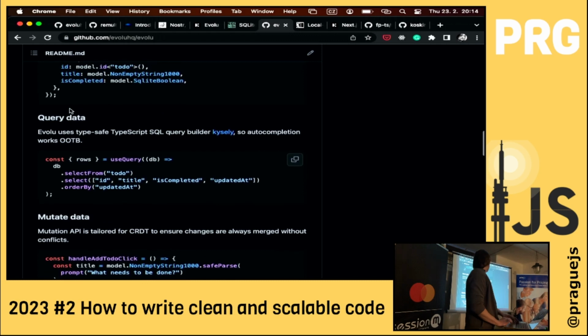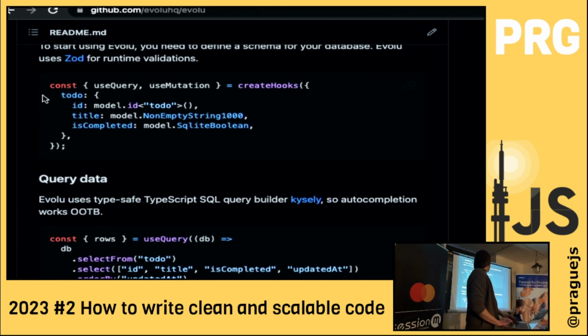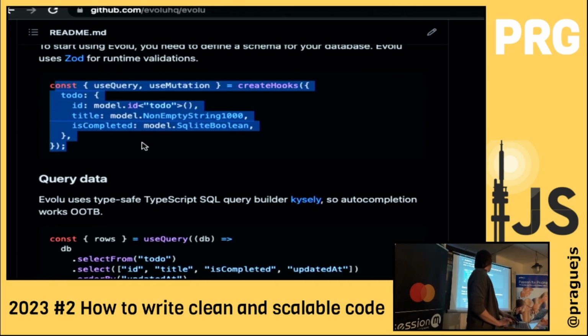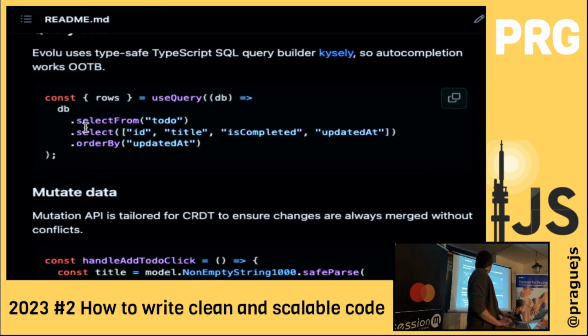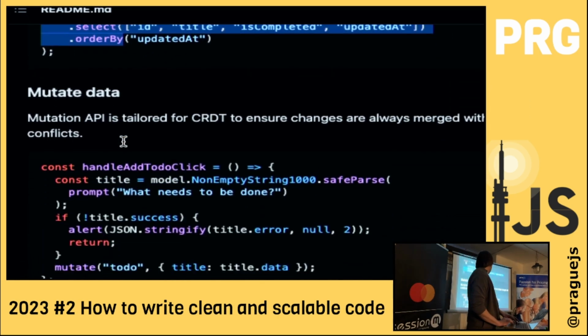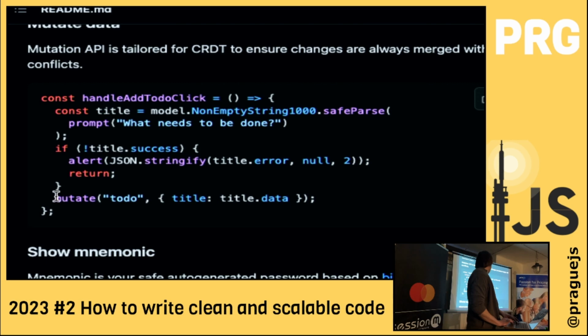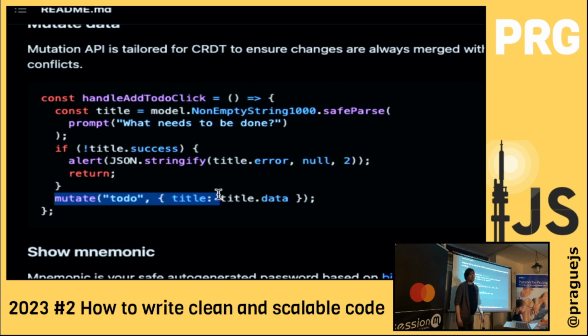So Evolu itself has a very simple API. First, you define the database schema. Then you can do queries. Of course, you can do mutations. Mutations are somehow limited because of the nature of Evolu.